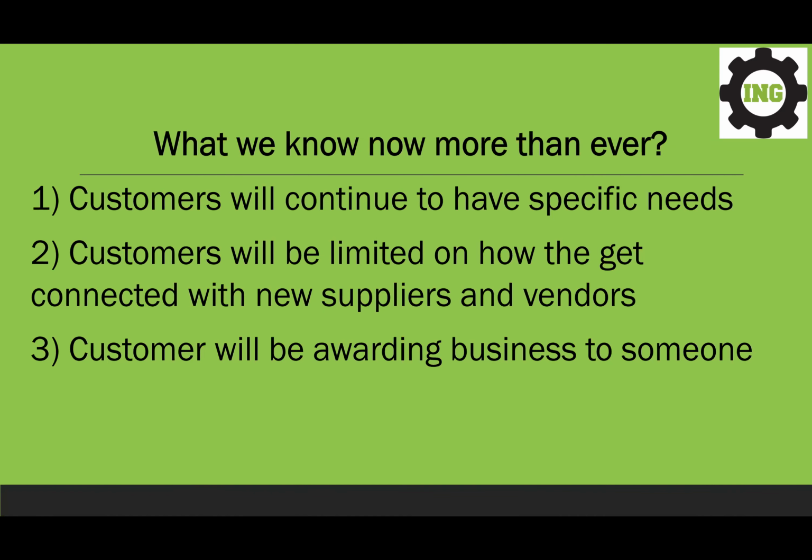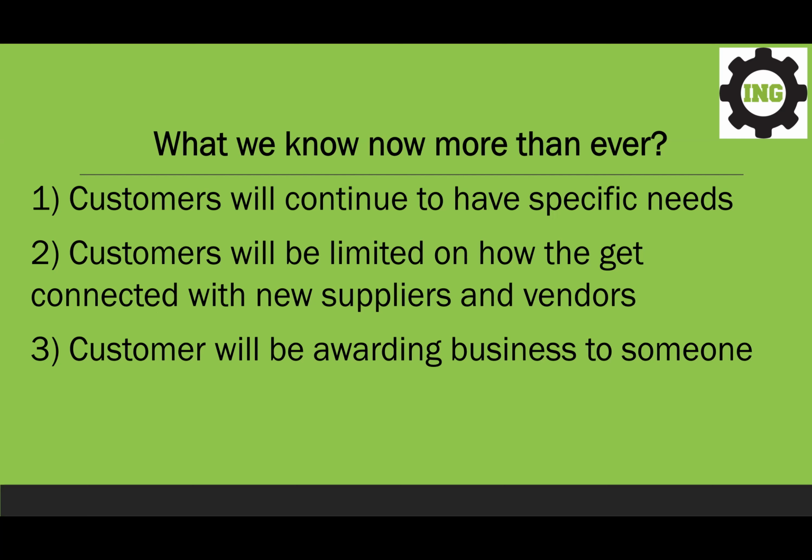So more than ever, customers continue to have specific needs within these plants and facilities. But customers now are more limited with all the COVID restrictions. We see that lessen, but it's still an issue in some of these plants. So customers still have needs.